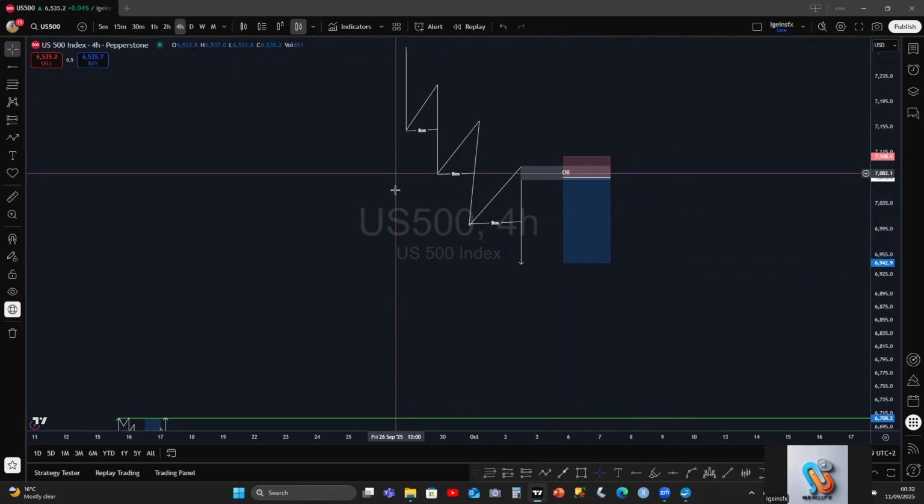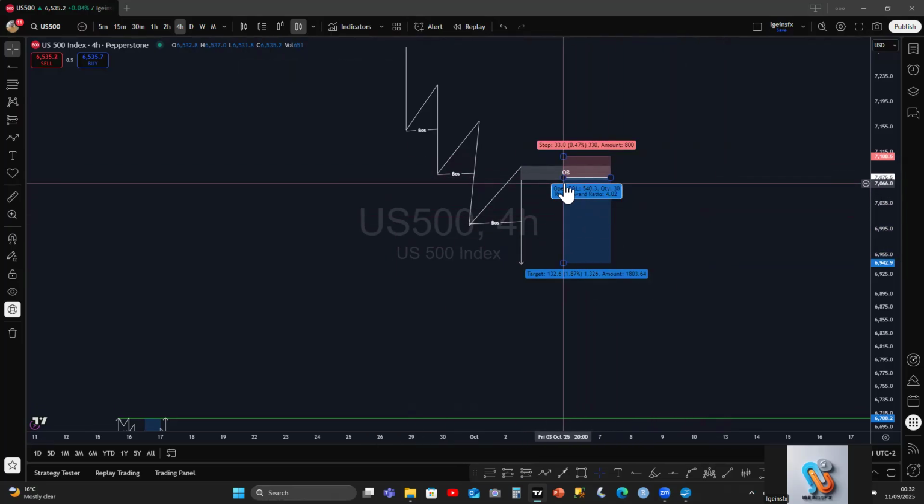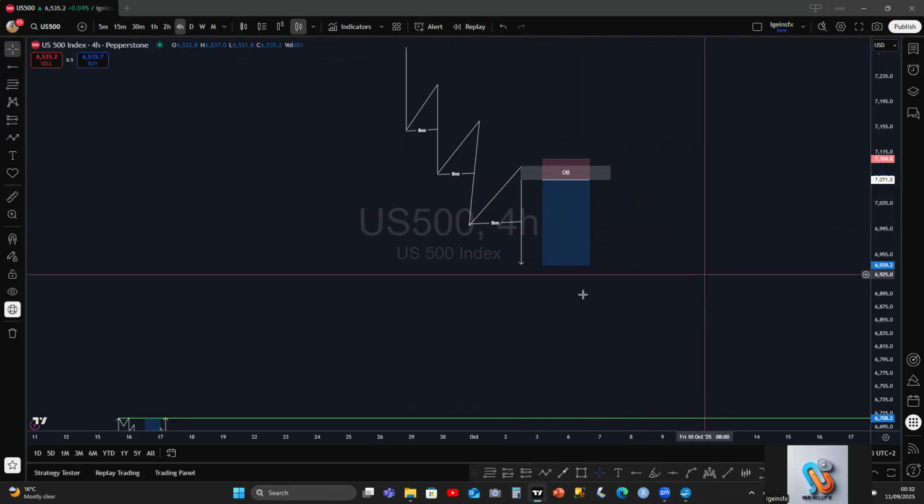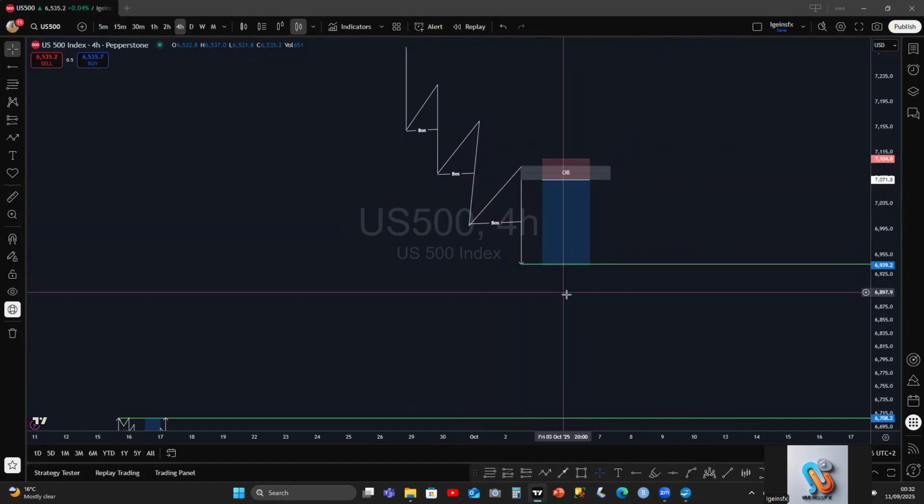We place our sell tool like this and make our entry. Now the price has broken structure and it has created a new high.